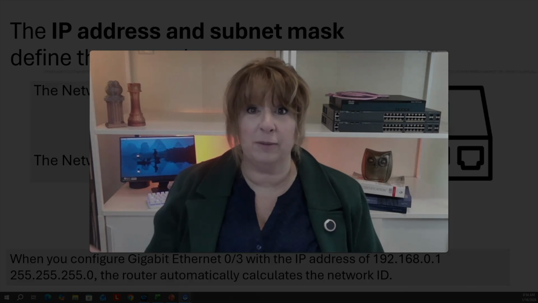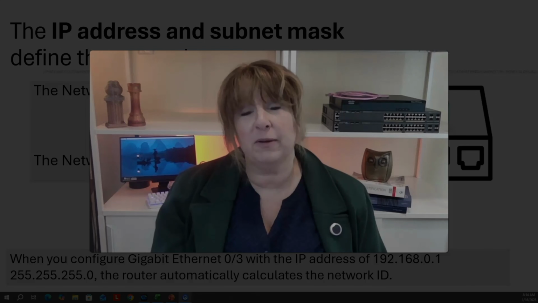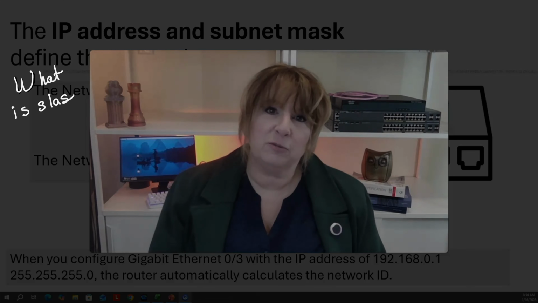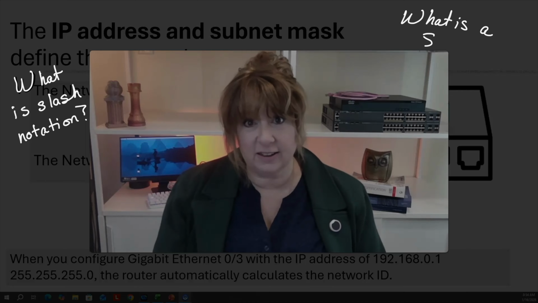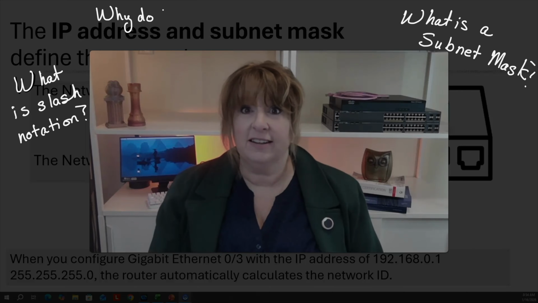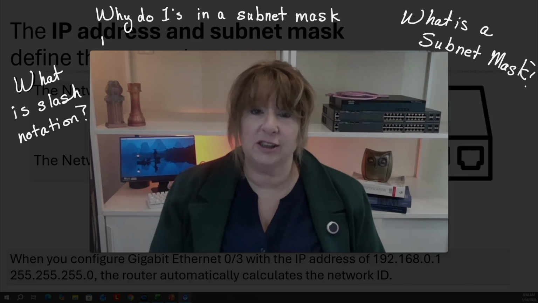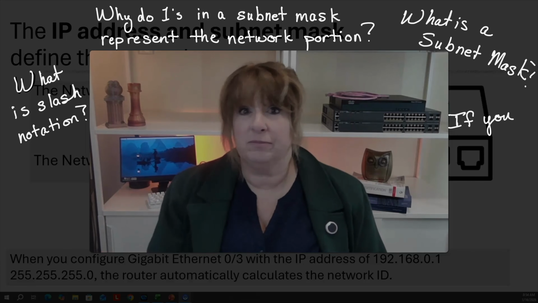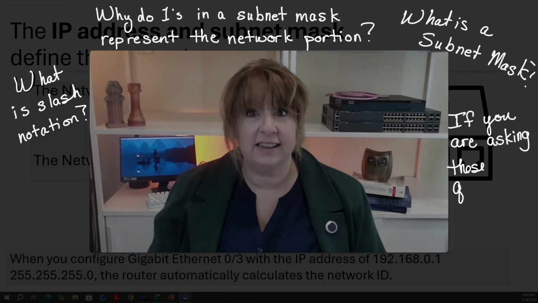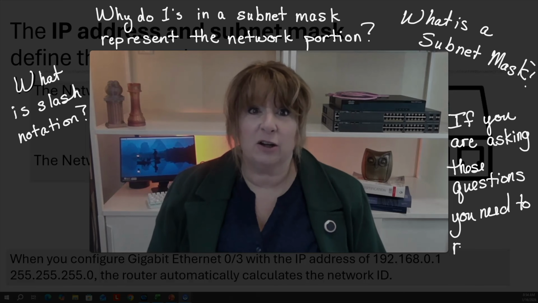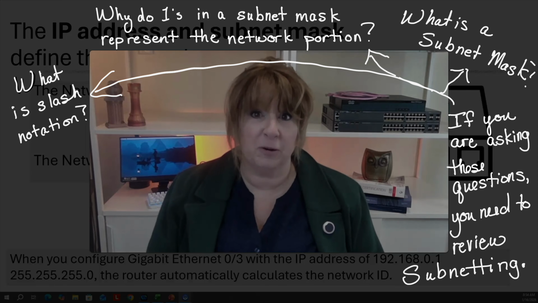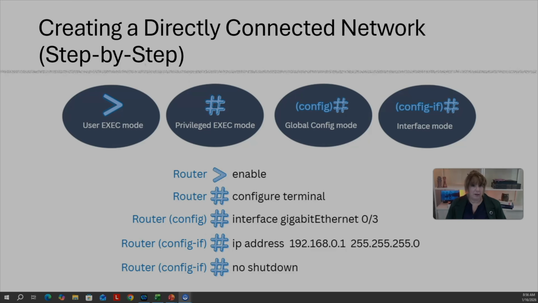And this is a common problem that people have when they're first configuring interfaces. If this part with the subnetting feels unclear, talking about the slash notation or what network the IP address is in, it's a good sign that a quick review of IPv4 subnetting concepts would be helpful before moving on. So now we're going to get into configuration.